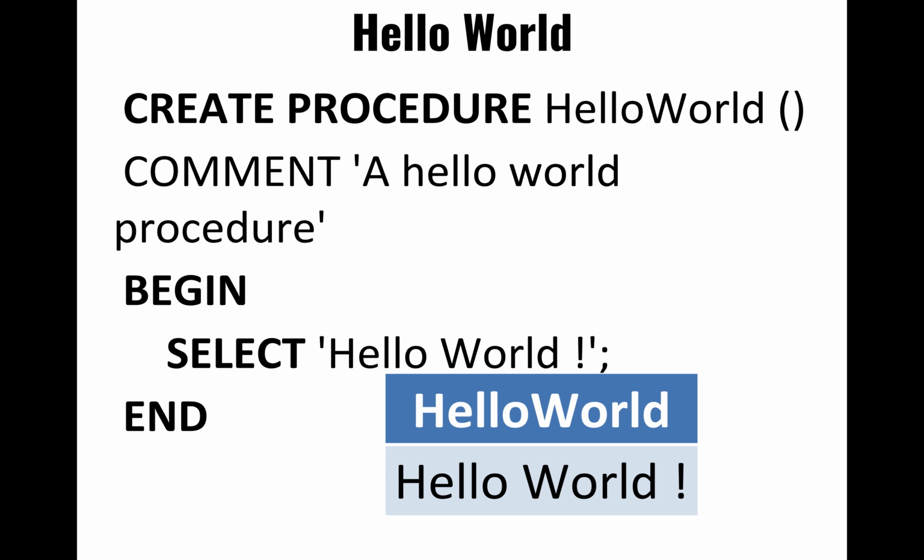So here's the most trivial stored procedure, right? Where we use the syntax create procedure, and then we give it the name of the procedure. Followed by some declarations of variables, some declarations of any optional parameters that we might have, and then a begin and end, right?